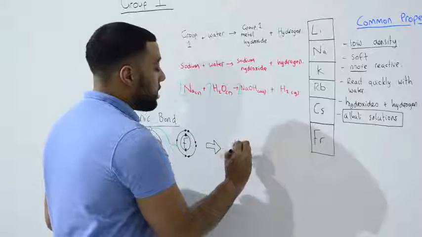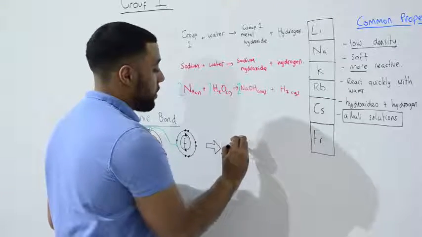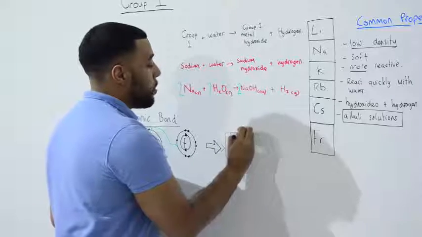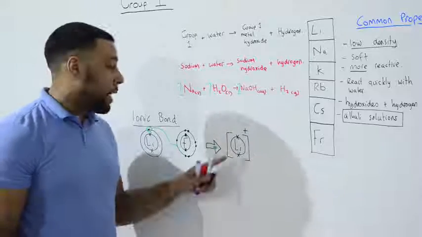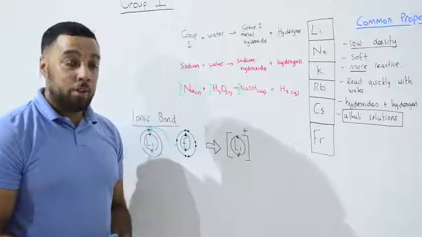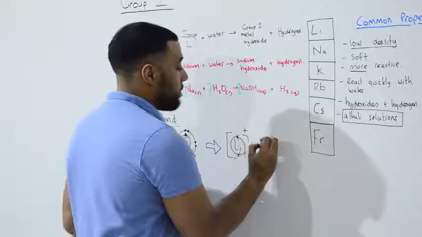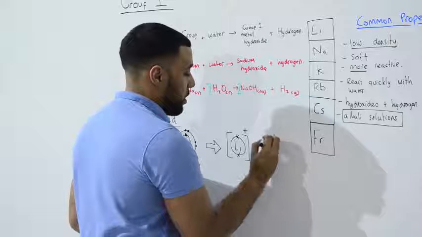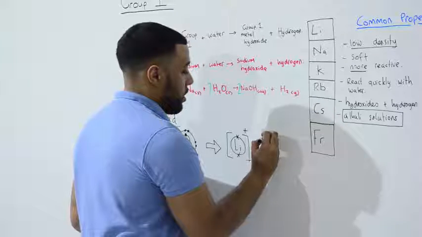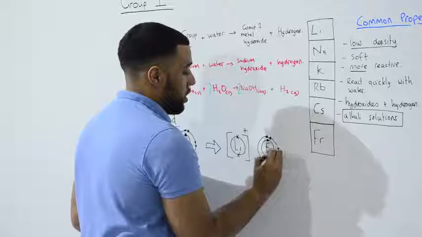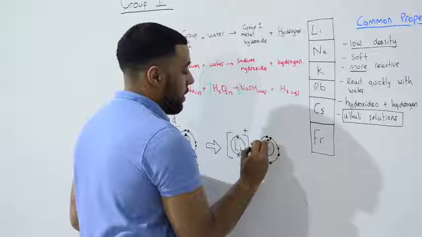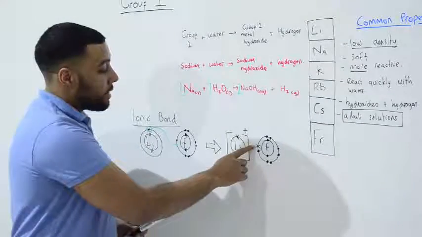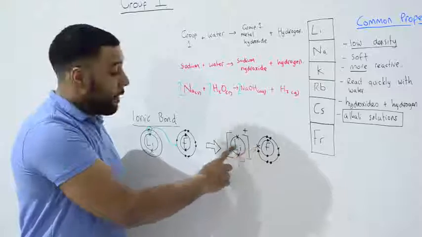We're going to get charged particles because we've transferred electrons. Our lithium has lost an electron, so our lithium will become positive. It now has more protons than electrons, whereas the fluorine atom has gained an electron, and you can see that electron is gained from the lithium.